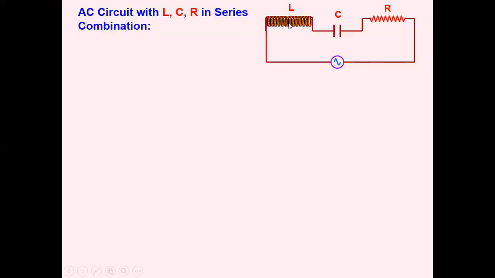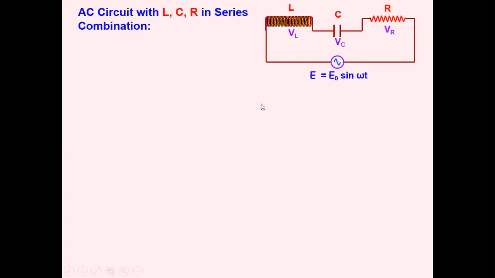The inductor offers a resistance XL, the capacitor offers a resistance XC, and the resistor offers a resistance R. The total resistance offered by this combination is called the impedance of the LCR circuit, because an LCR circuit is a specific circuit which consists of inductor, capacitor, and resistor as passive elements connected in series with the AC source.